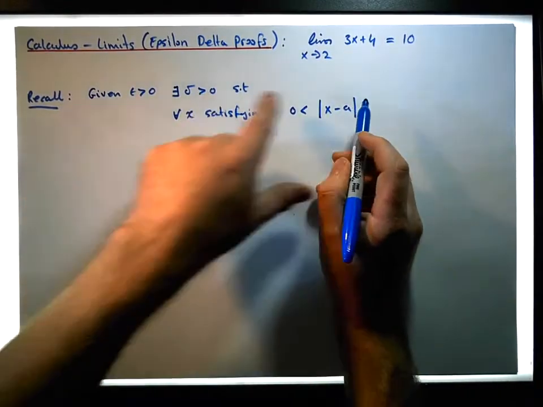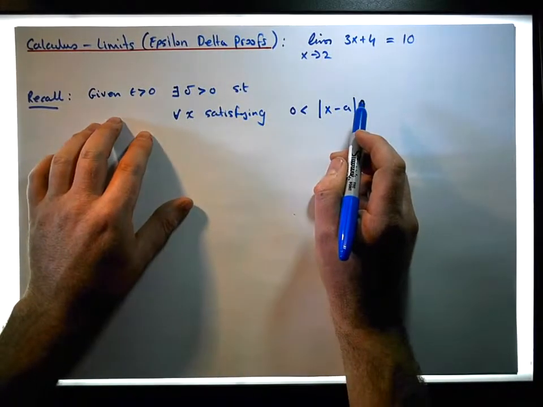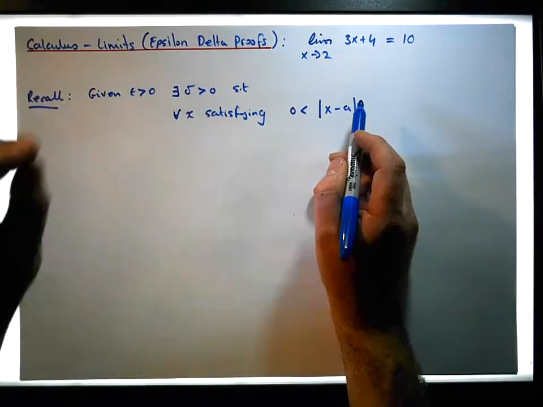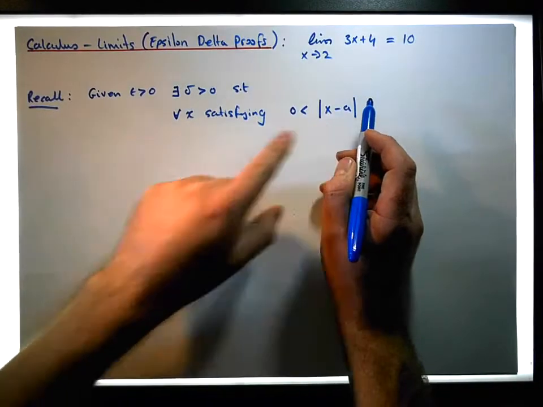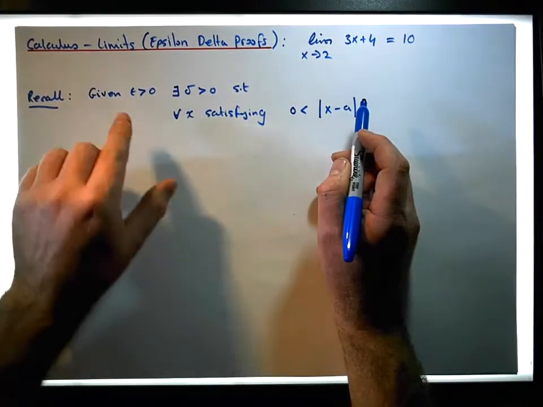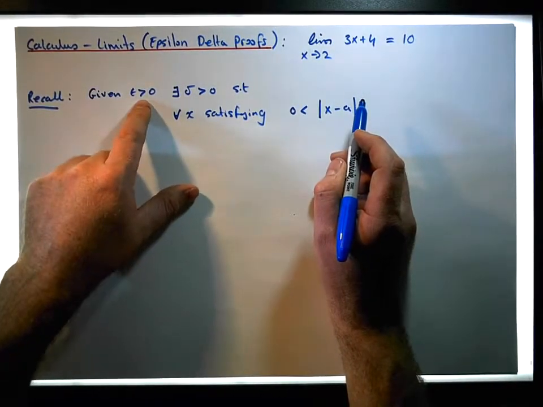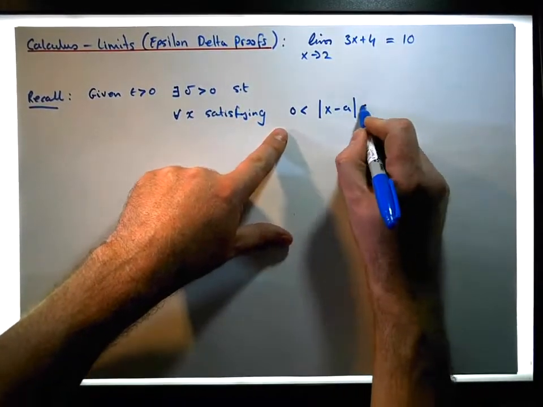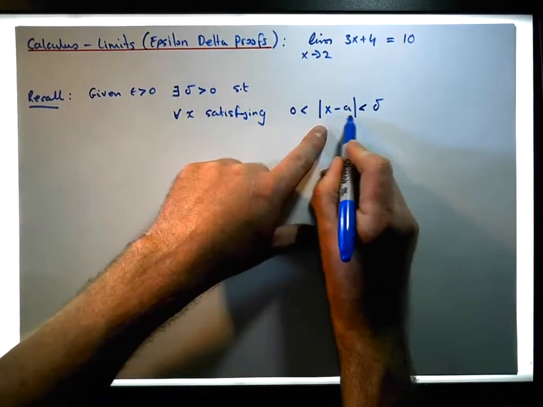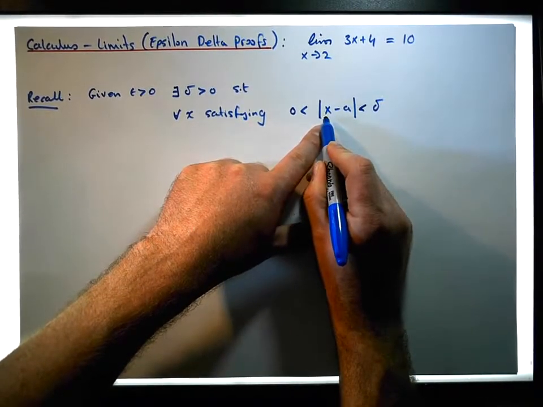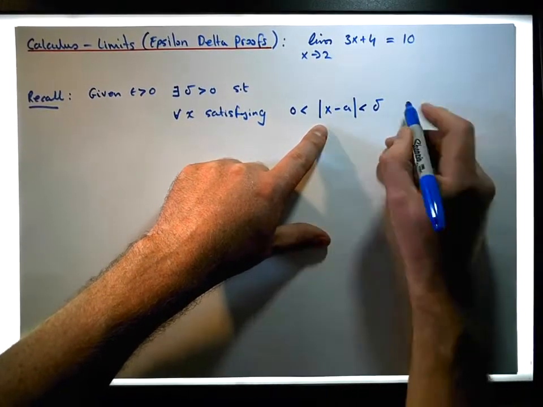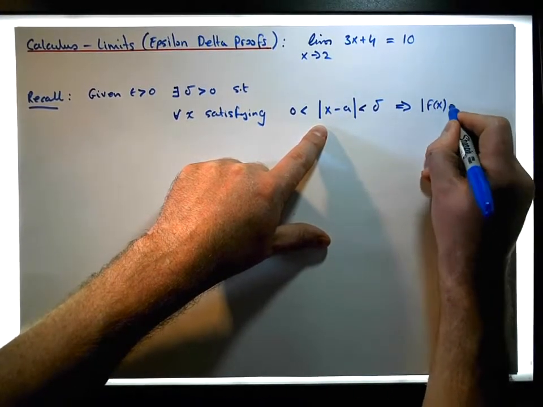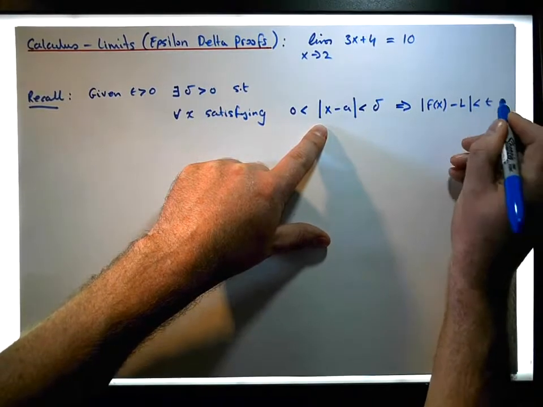So what we really should be saying here is that given a function f, the limit of f as x tends to a exists if, given any epsilon greater than 0, there exists a delta greater than 0 such that for each and every x satisfying this condition, that implies that f of x minus L is less than epsilon.